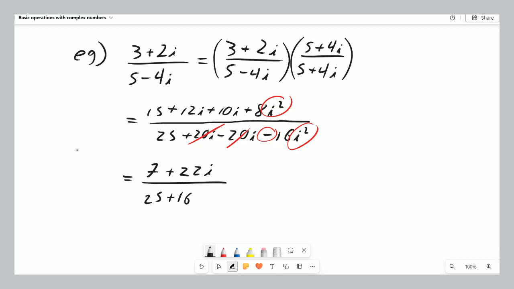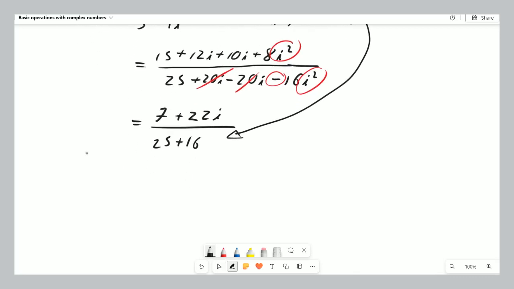Now you could go from here straight to here in terms of the denominator, just because you see, oh, it's a complex number multiplied by its conjugate. That's just going to be the real part squared plus the imaginary part squared. Right? So you could go straight there. And we keep going.